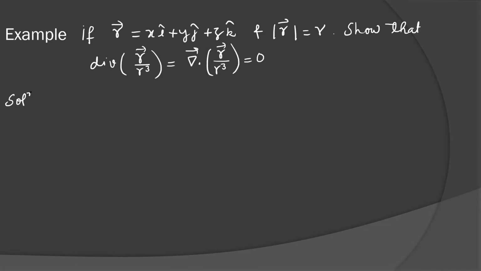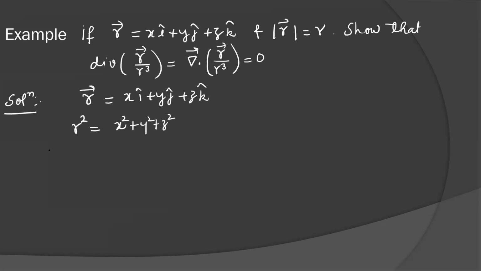Let's see the solution. I told you in the previous lecture, if R vector is xi plus yj plus zk, then r square is equal to x square plus y square plus z square, and del r by del x is x by r, del r by del y is y by r, and del r by del z is z by r.